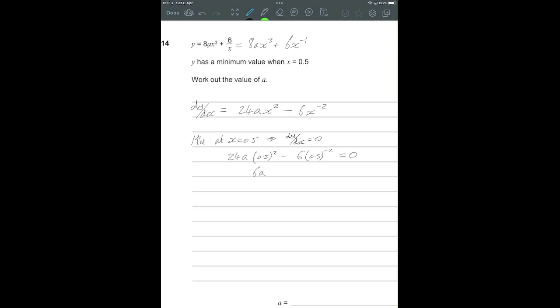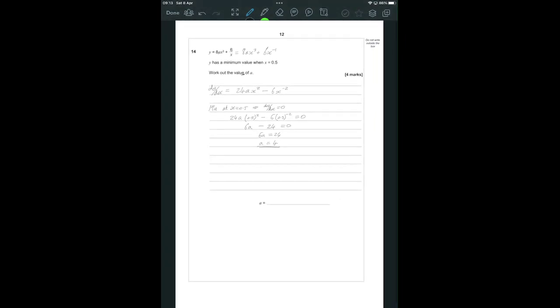A half to the power of -2, well, the negative flips it over, so that's now not a half but 2 to the power of 2. 6 times 2 squared is 24, equals 0, so 6a equals 24, a equals 4. Double checking, the question did say only value rather than values, so only having one solution makes sense, and we are sorted. A equals 4.